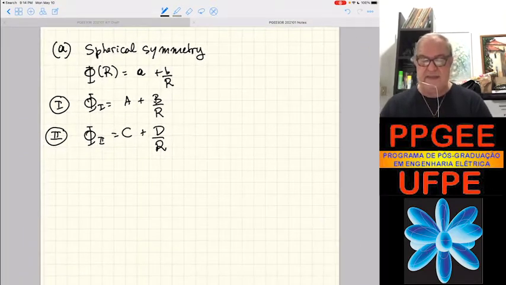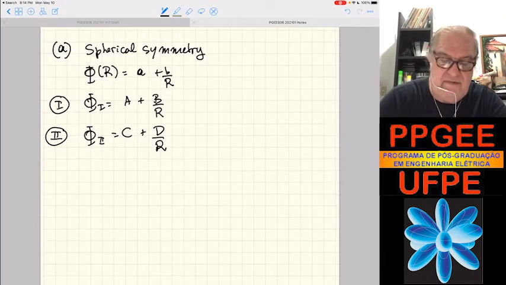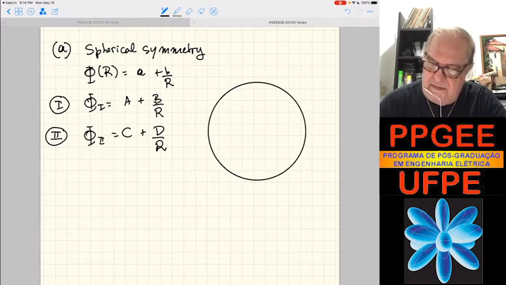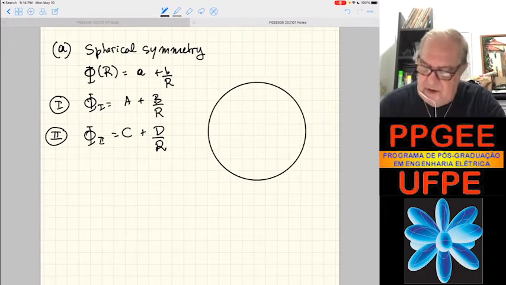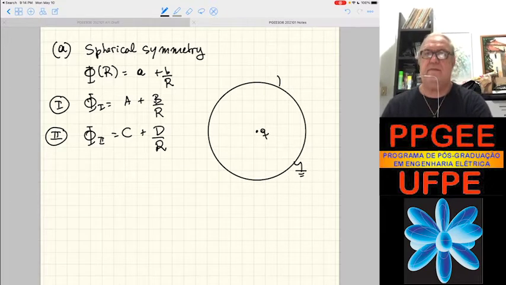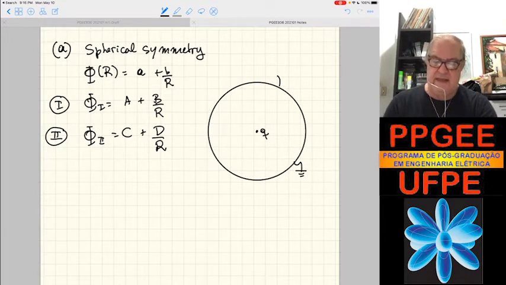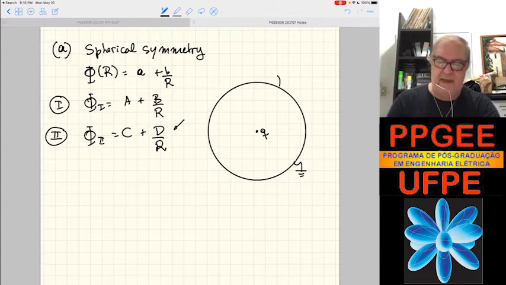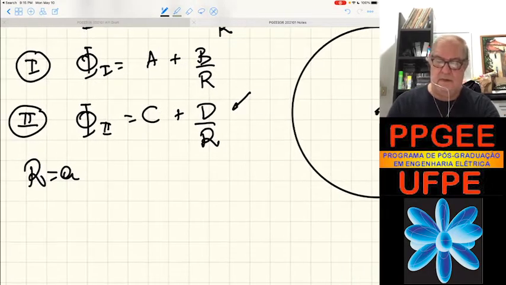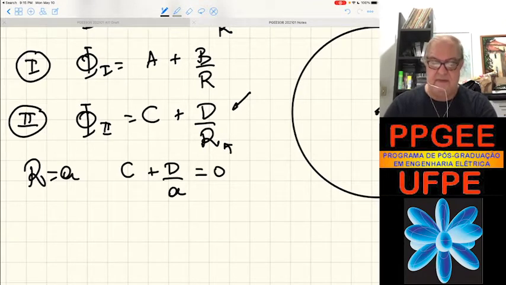Now notice that outside, let me just make this a point charge here in the center. Here the potential is grounded, right? So the solution outside, if we make it r equals a, I have one equation: C plus D over a equals the ground, 0.